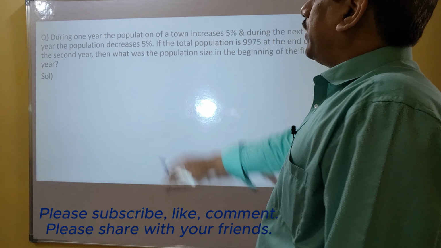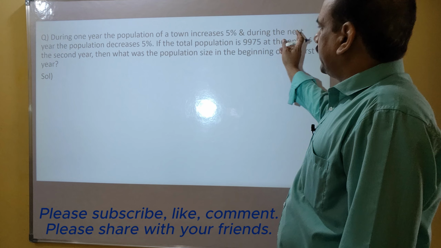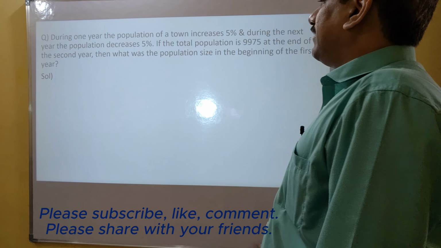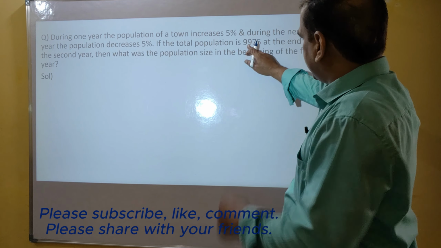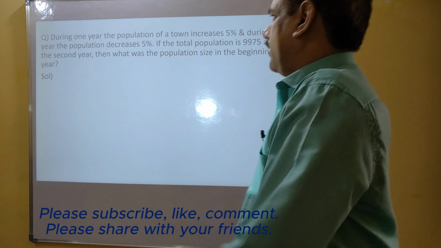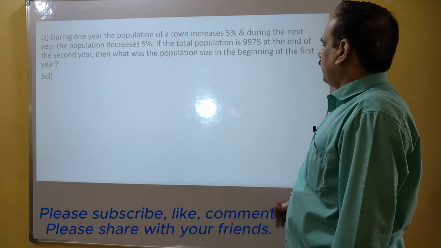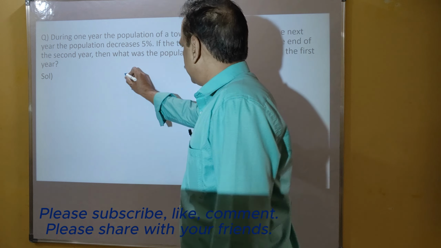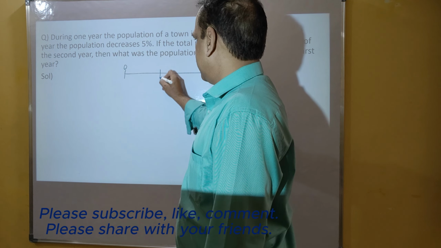During 1 year, the population of a town increases at 5%. During the next year, the population decreases by 5%. If the total population is 9,975 at the end of the second year, then what was the population size in the beginning of the first year? Suppose this is the beginning, 0, first year.